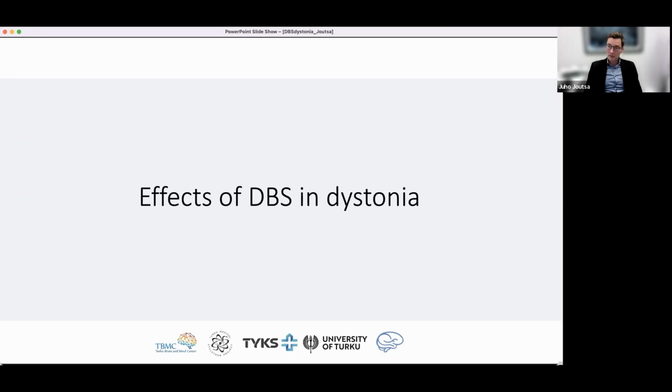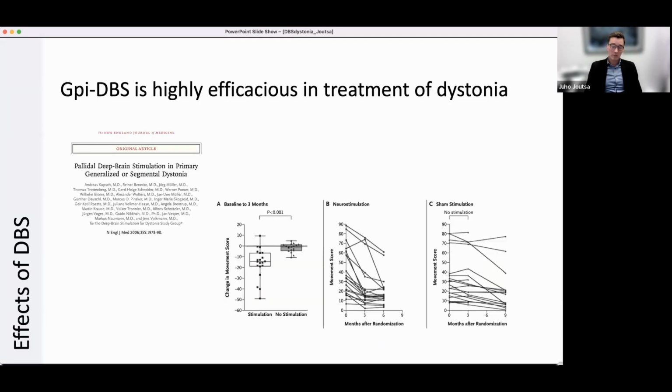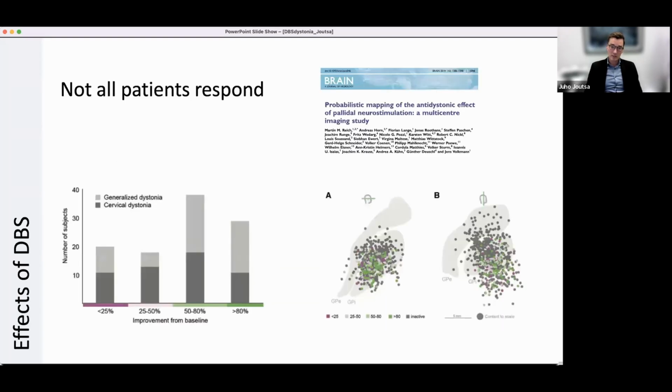So how about DBS then? Are networks relevant here? As you know, it's a very efficacious treatment. The efficacy has been validated, but we still have some issues. And of course, the biggest issue is that not all patients respond, even though our targeting seems fine.